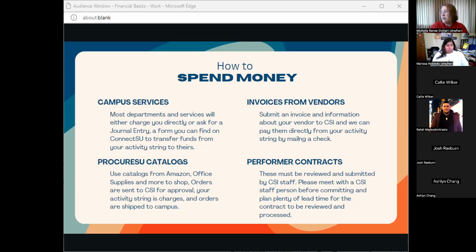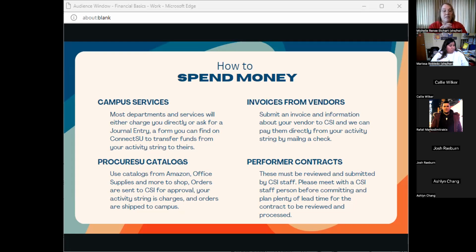For example, let's say you decided to co-program and co-sponsor with another organization. You're going to take all the expenses because you don't want to divvy them up, and pay them out of this other group's activity string. You could use a journal entry to give them the $100 that you're contributing. And that's how that works.